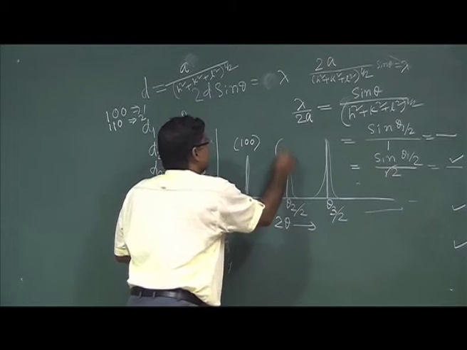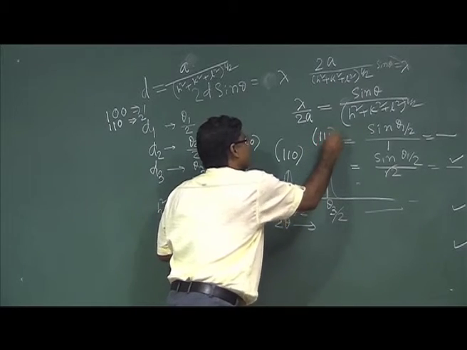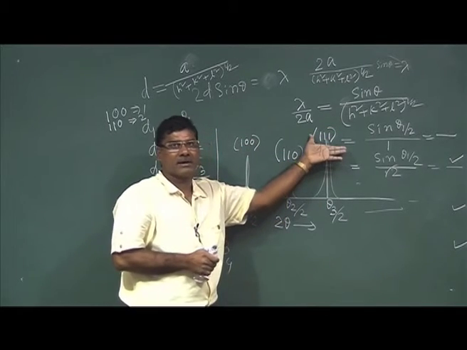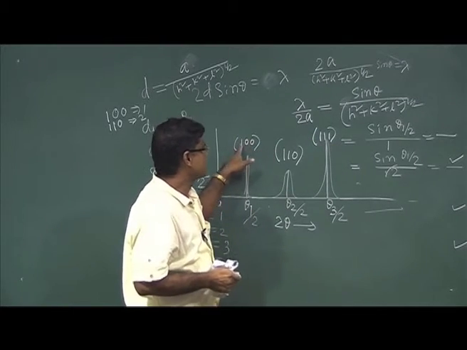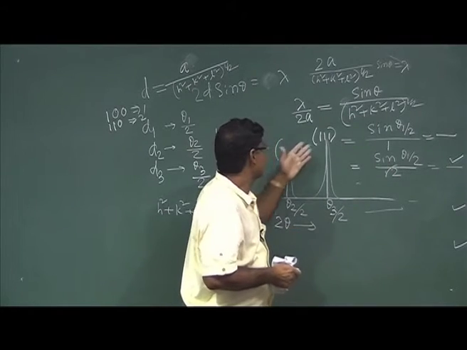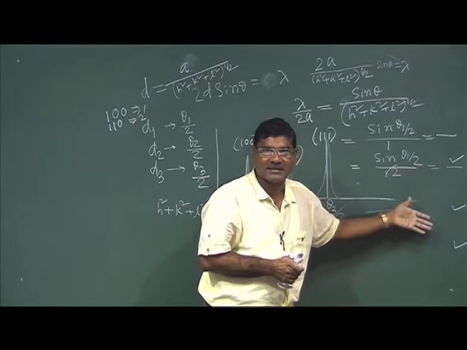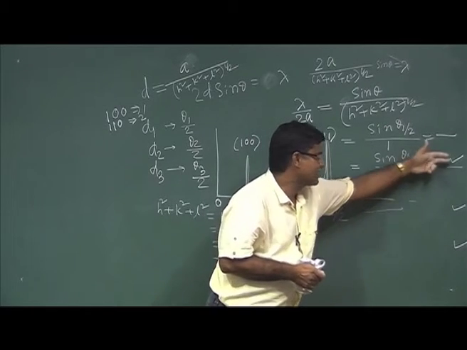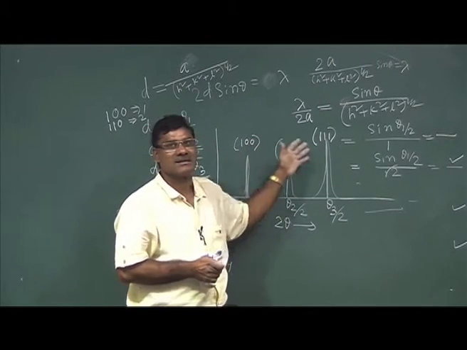Say, just arbitrarily I am writing, when h square plus k square plus l square is 1 for this, in this case it is 2, and in the other case it is 3. For these values I am getting the same value, so then I will know the indices.